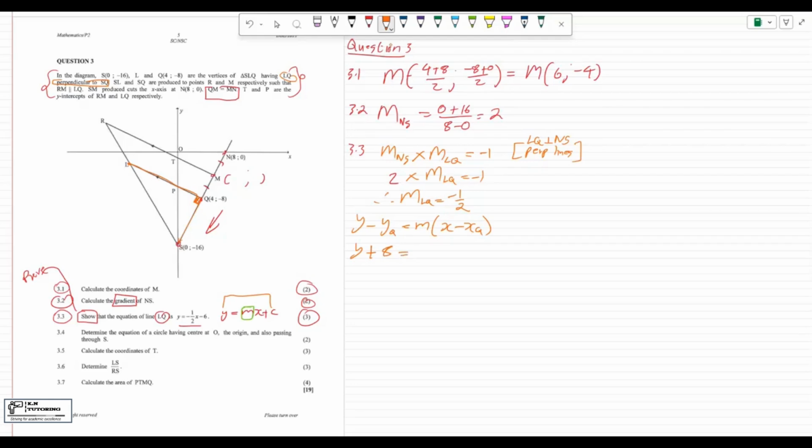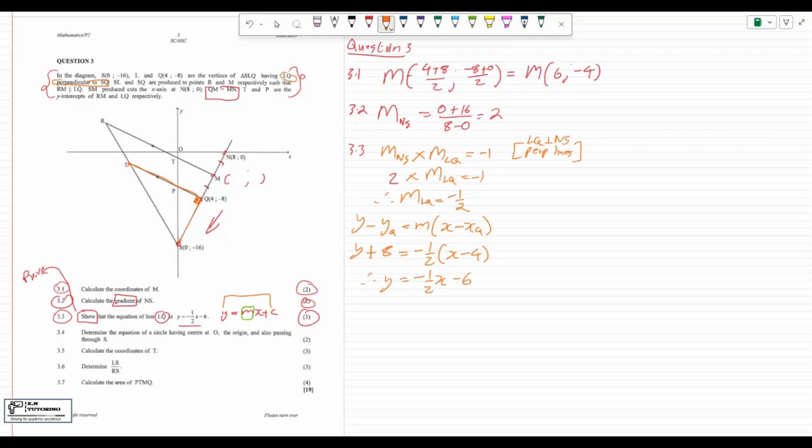And then my gradient is -1/2, then x, what is my x at Q? It's 4, so -4 there. Therefore, when you simplify this, you'll find that the answer is -1/2x. Half of 4 is going to give me +4. +4 minus 8 is going to give me -6.